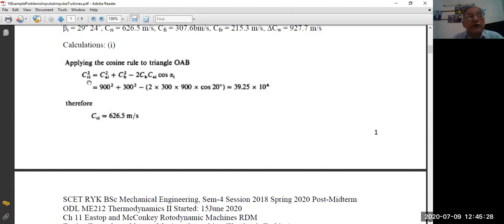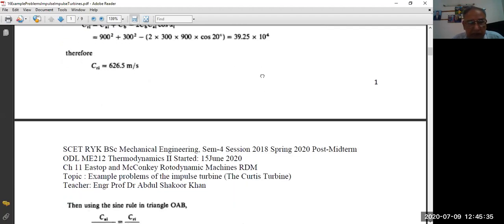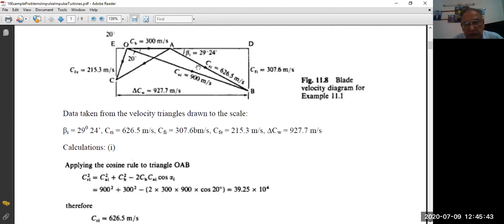CRI square is equal to CI square plus CB square minus 2 CB CI cos alpha I. So these quantities are mentioned here, and you calculate CRI, 626.5 meter per second. So actually this triangle was possible to draw because of this angle alpha given, because this velocity 900 was given, and velocity CB was given. So in this problem, CB was given 300, CI was given 900, alpha was given 20 degree, and this was calculated with the help of cosine law, and this is how the triangle was completed.